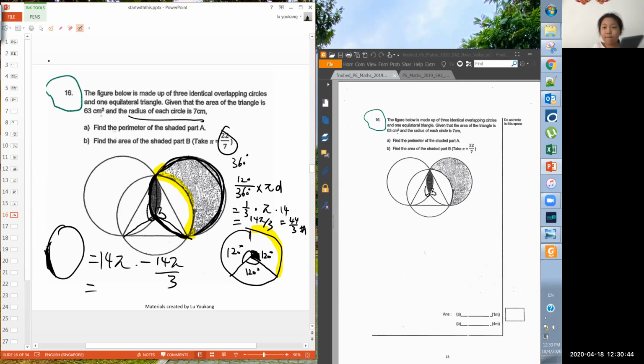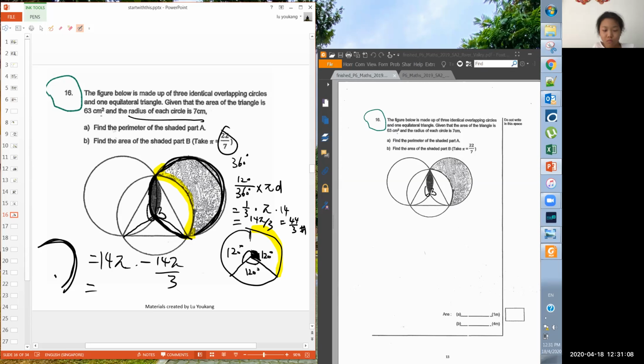Okay, so it means the black line is this. So 14 pi, which is 22/7, and minus 44/3.